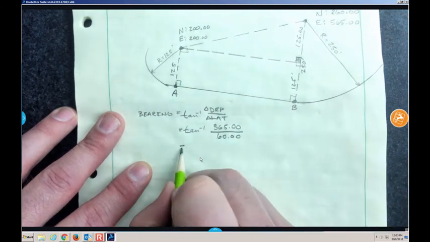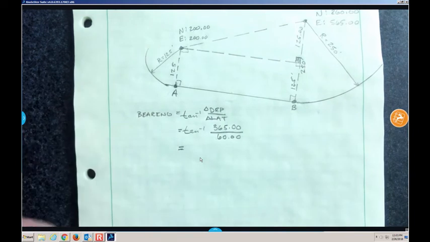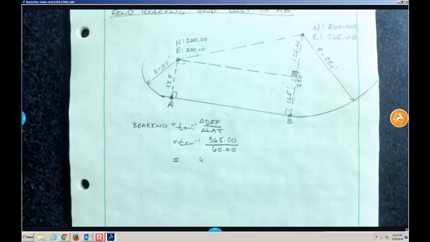So what is the bearing? Are we assuming north is up? Someone tell me where north is based on the coordinates we have. Yes, it is up. If you pay attention to the coordinates, it'll tell you which way north is. So it's positive and positive.